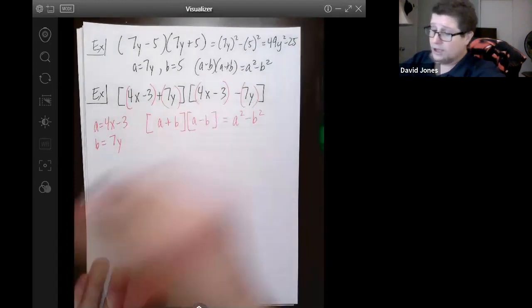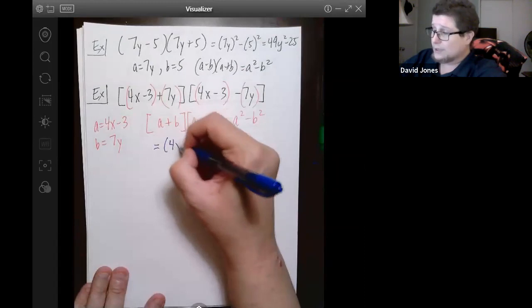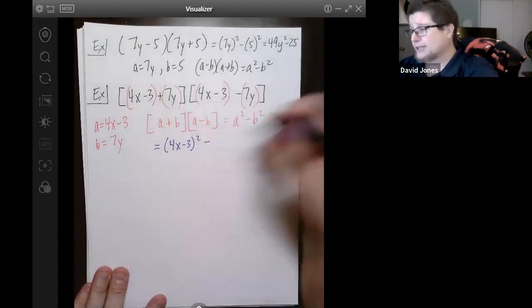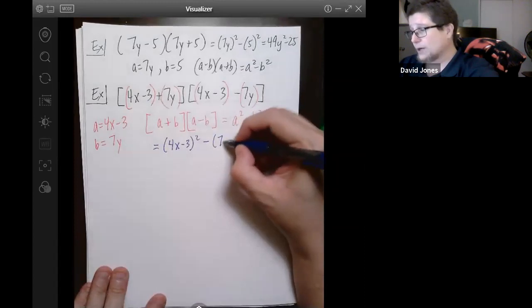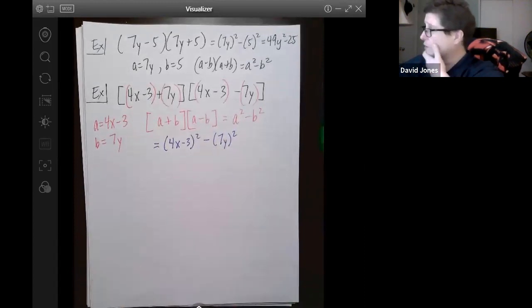So this should give me a squared, which is 4x minus 3 squared, minus b squared, which is minus 7y squared. Okay? They are not going to let you leave it like that, so you have to multiply it out.